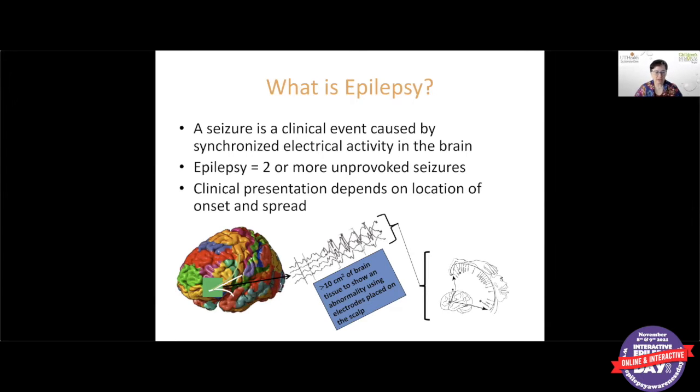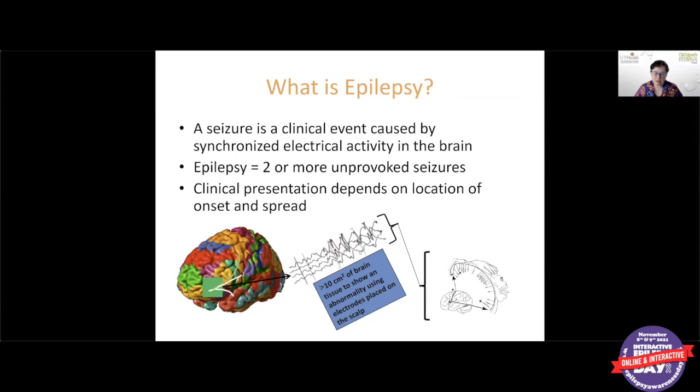And you can see here, this is a picture of the brain. And this is the front of the brain and the back of the brain. And really, it takes about 10 square centimeters of brain tissue that's firing abnormally in order to see that reflected on the EEG, which is the brainwave test that we do that helps us understand a person's epilepsy.